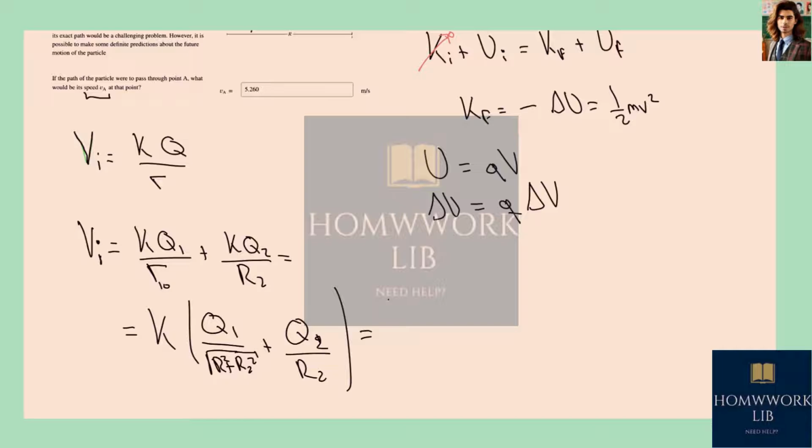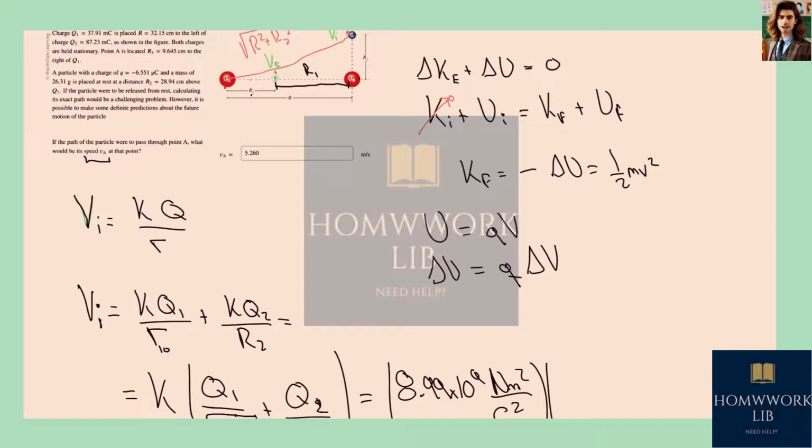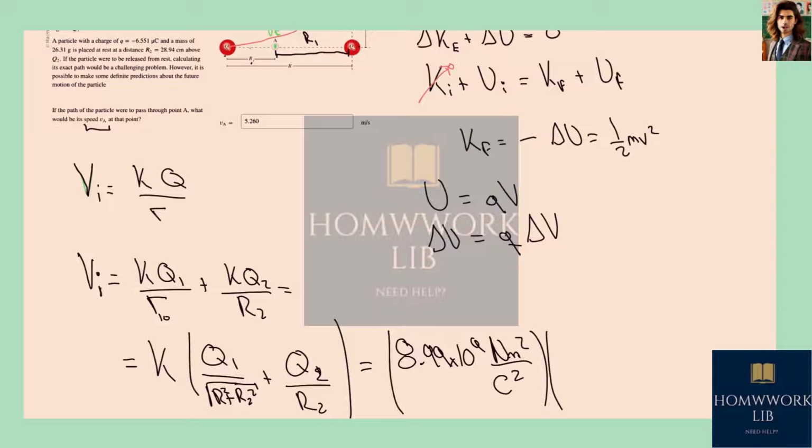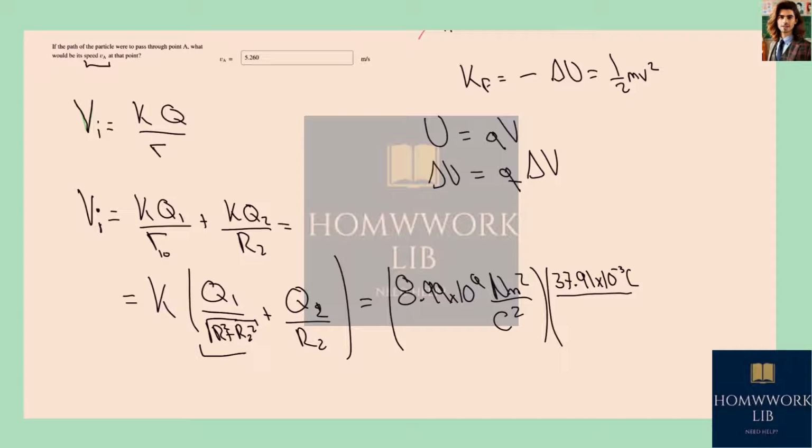So replacing the values, this is going to be 8.99 times 10 to the 9 newton meter squared per coulomb squared, multiplied by the value for Q1, which is 37.91 millicoulombs. We're going to replace the milli by times 10 to the minus 3, divided by the distance, which after doing these operations is going to be 43.257 centimeters.